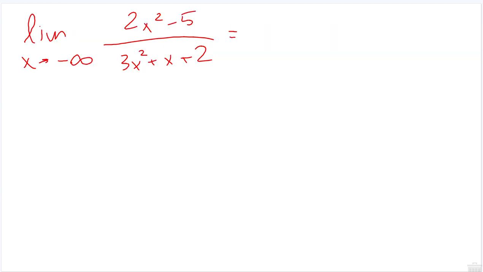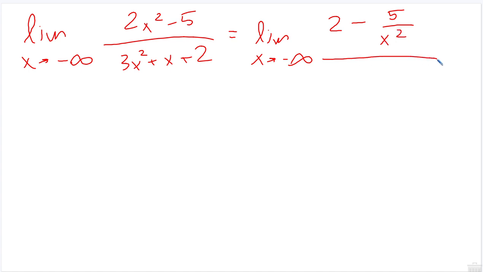So if I divide 2x squared by x squared, that's just a 2. And the 5 by x squared is 5 over x squared. And the 3x squared divided by x squared is 3. And the x divided by x squared is 1 over x. And the 2 just becomes 2 over x squared. So effectively, all I did was skip that intermediary step from the last one because it's the exact same step that I had just done.